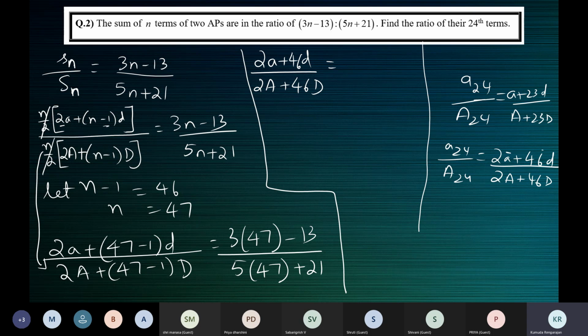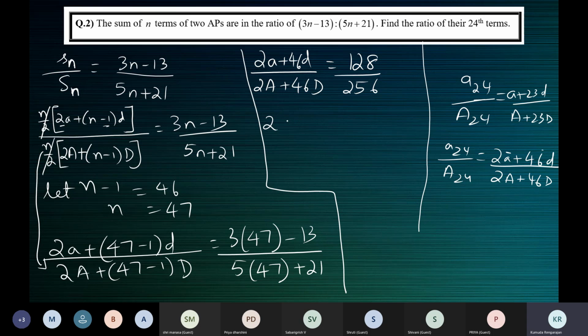What is 3 into 47 minus 13? 128, ma'am. Okay, 128, divided by 5 into 47 plus 21. 256, ma'am. 256.